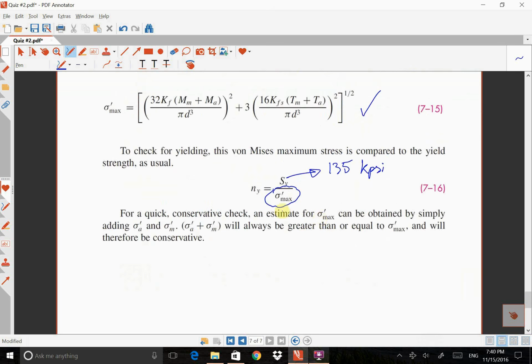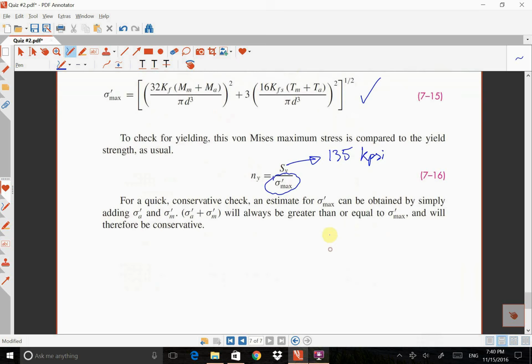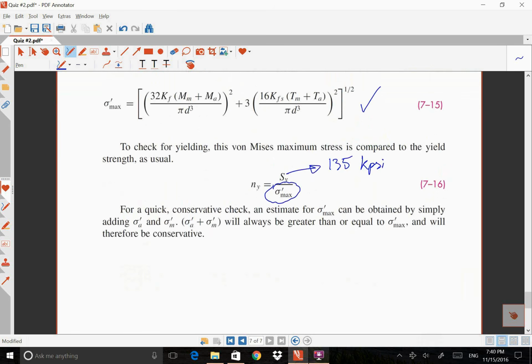And if I want to find sigma max prime, I can just find this guy here, and I know that in this question the mid-range moment is 0 and the amplitude of the torque is 0, so these are 0.